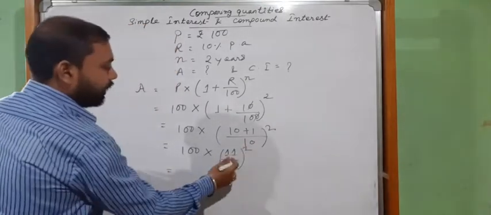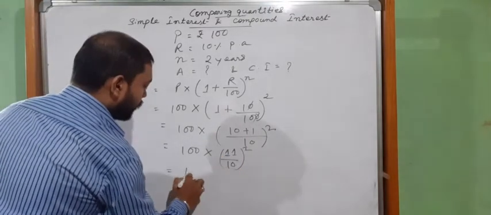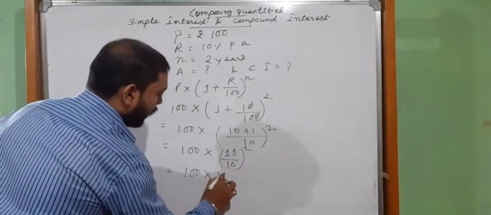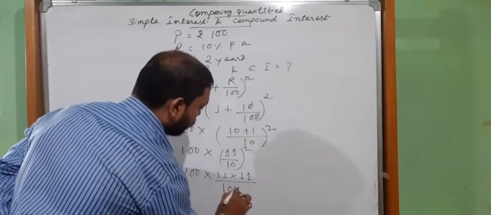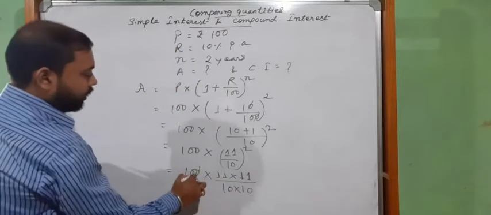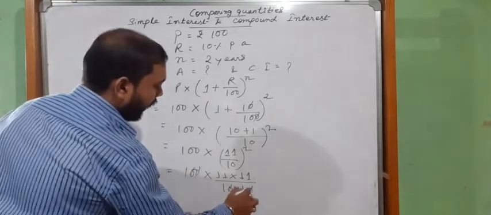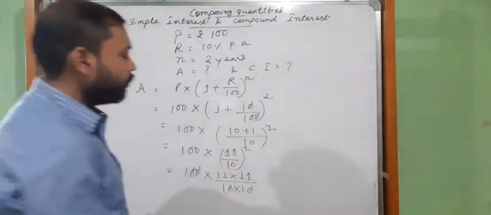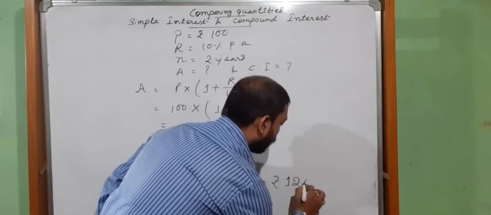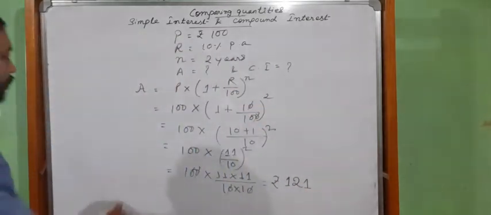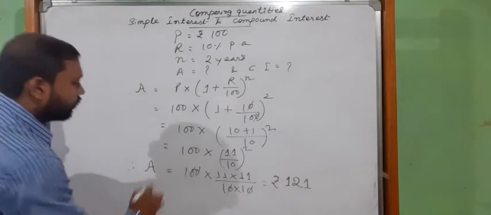Since square is there, that means we have to multiply twice. So it will become 11 into 11 divided by 10 into 10. The two zeros will be cancelled, and 11 into 11 will be rupees 121. See? So therefore we have got the amount.